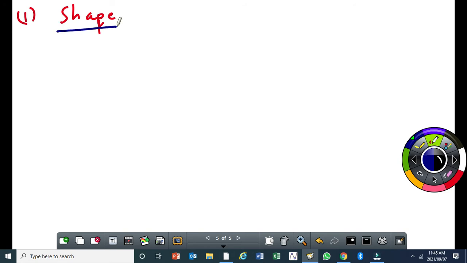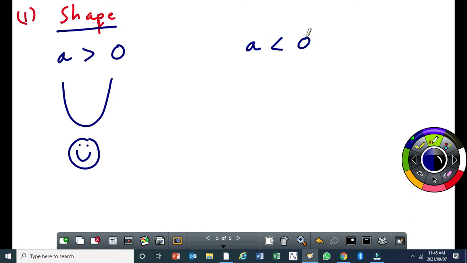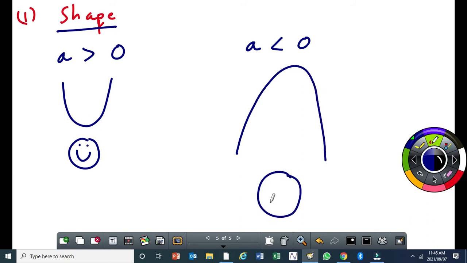Now, the shape is determined by the value of A. So, if A is greater than 0, you have a smiley face. The shape will look like this, which we generalize like that. Then, if A is negative, you have a sad face, which we generalize as that. Okay, so you did this last year.